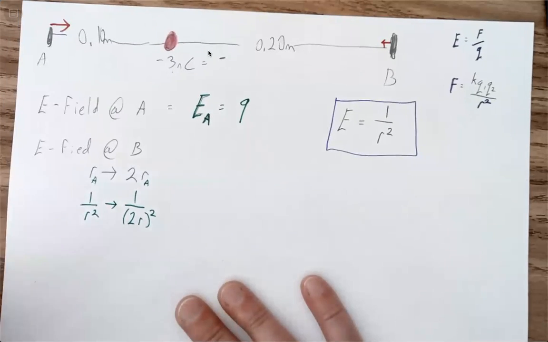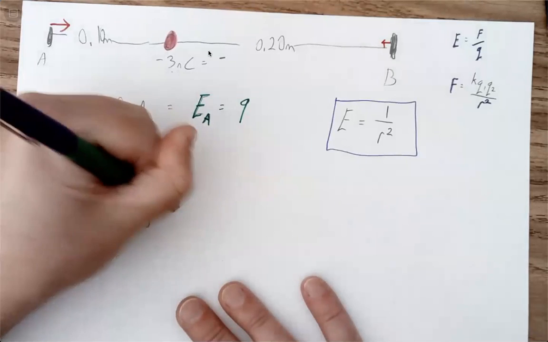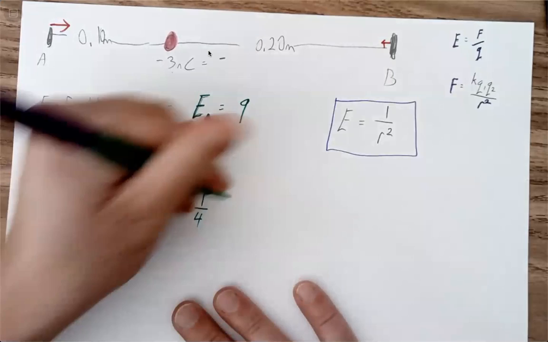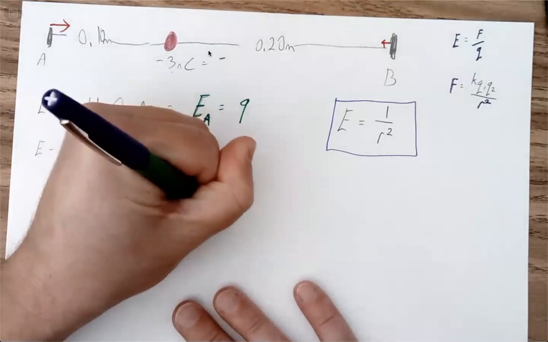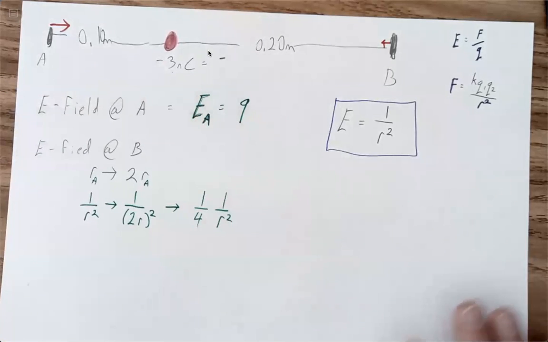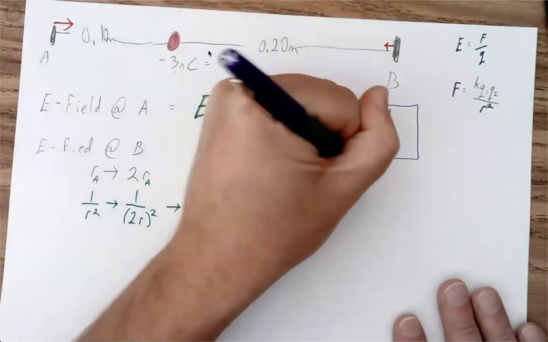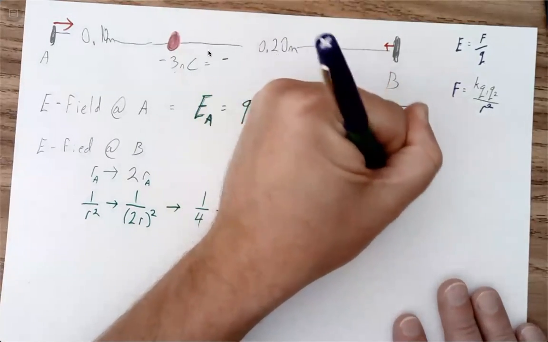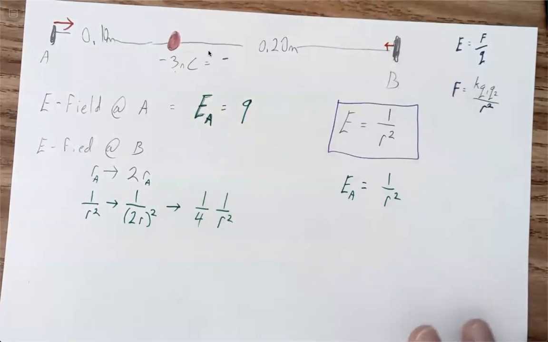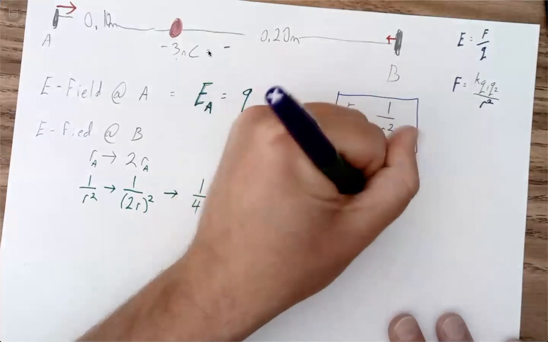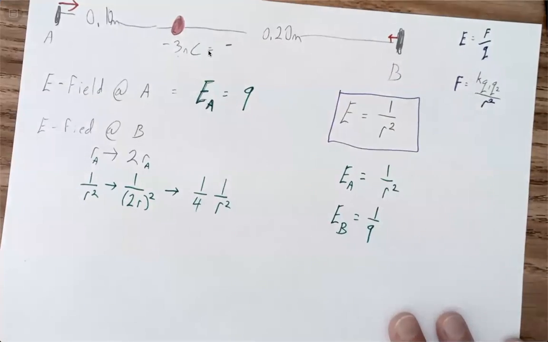With 1 over 2R squared, we're going to have 1 over 4 and a 1 over R squared. So while this E_A has this value of 1 over R squared, we're now going to have E at point B going to be 1/4.